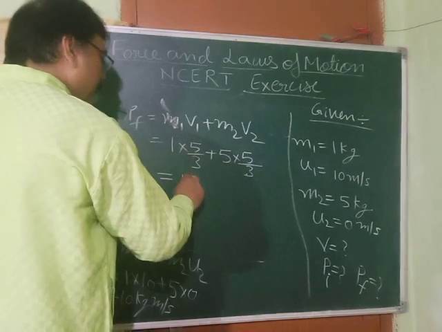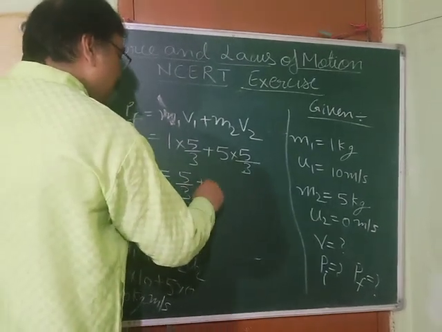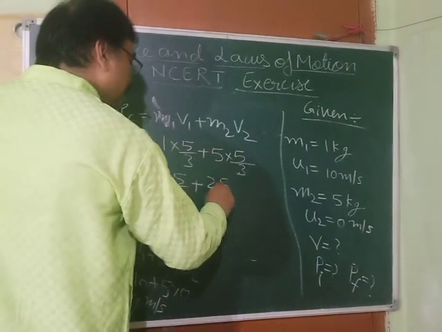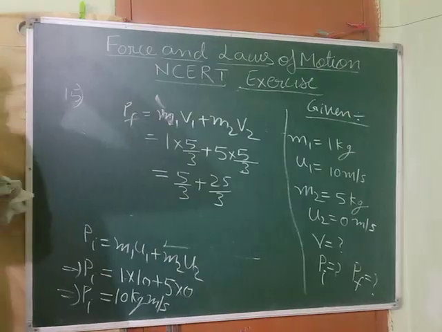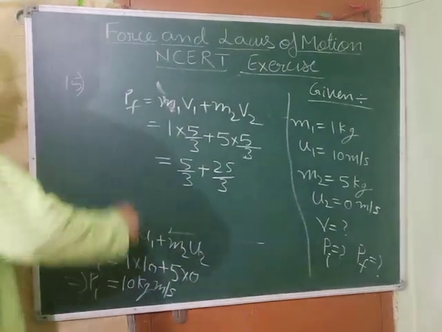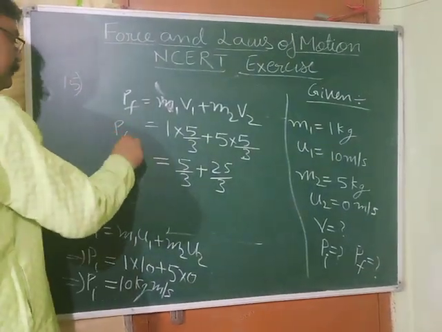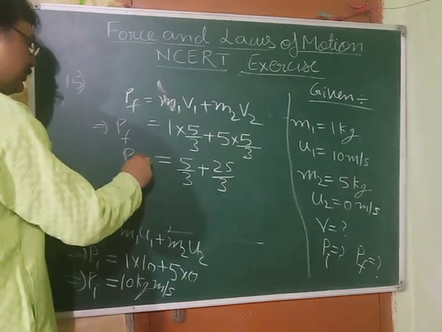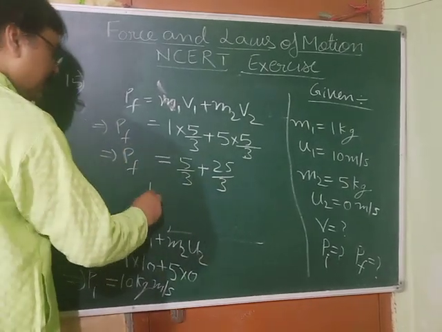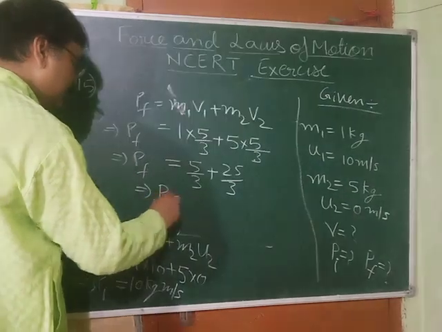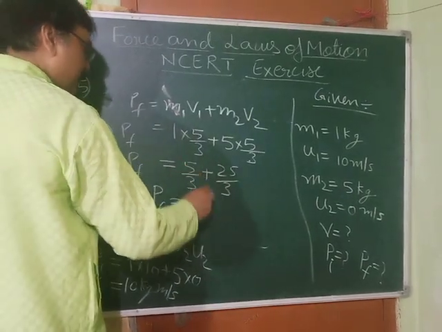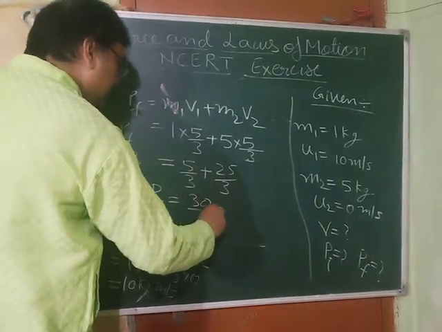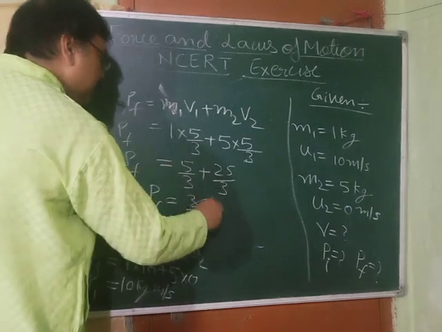So here we get 5 by 3 plus 25 by 3. As the denominators are the same, we can simply add the numerators. So the final momentum is 25 plus 5, which is 30 by 3, that is 10.